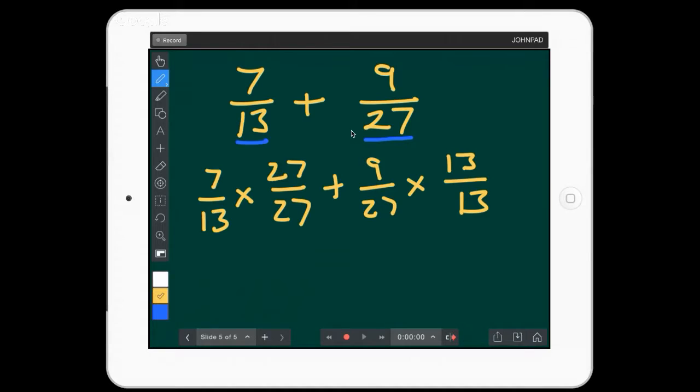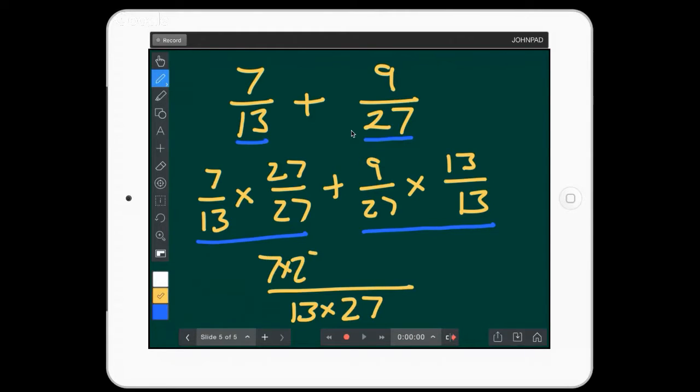And now you can see that I've got 13 times 27 on the bottom there. And 13 times 27 on the bottom there. So I'm going to get 13 times 27 with 7 times 27 plus 9 times 13 on the top. And I can now go on and deal with that in the usual way.